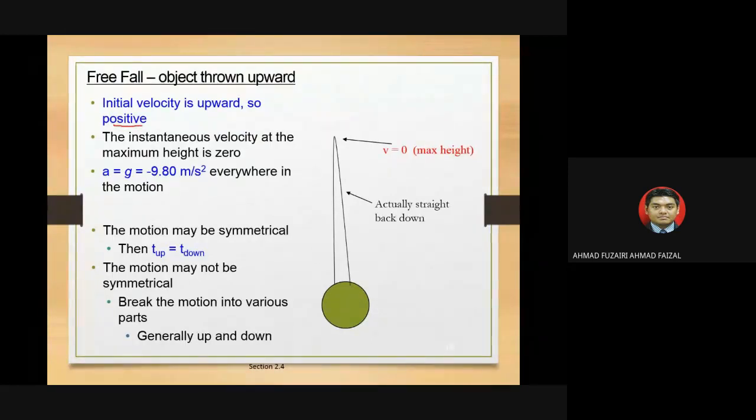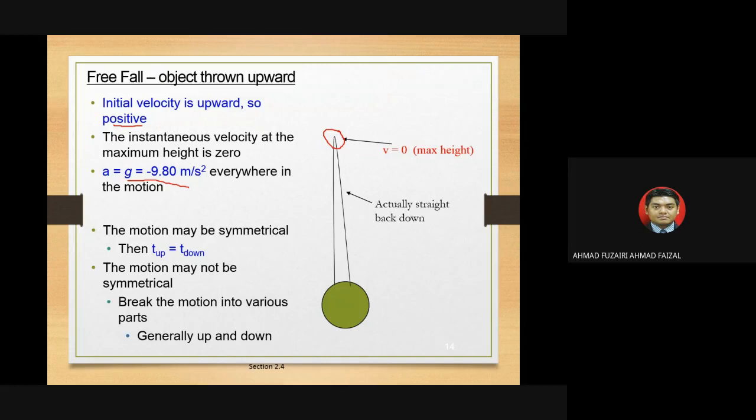The instantaneous velocity at the maximum height is equal to 0, because at this point the object stops for a moment before it turns back to the ground. The gravitational acceleration g is negative 9.8 meters per second squared everywhere in the motion, as g is directed downward.